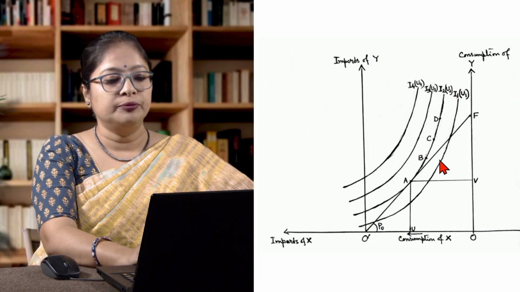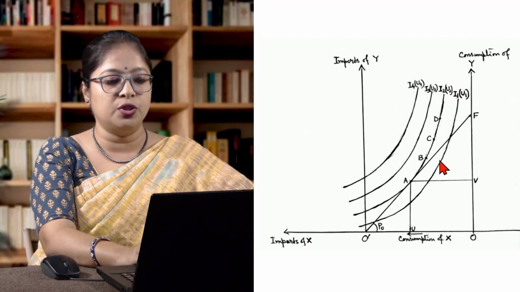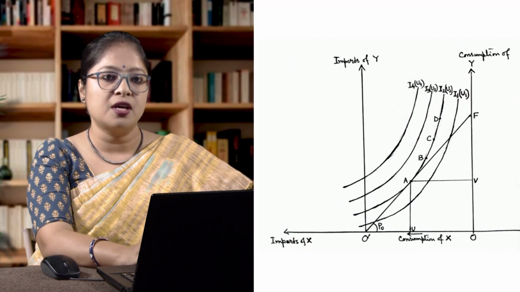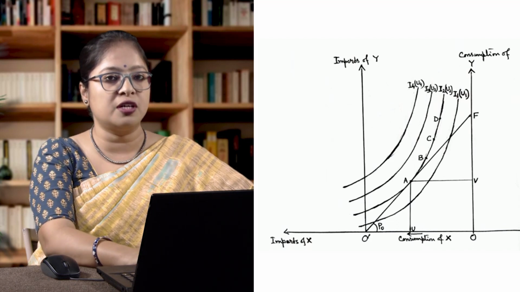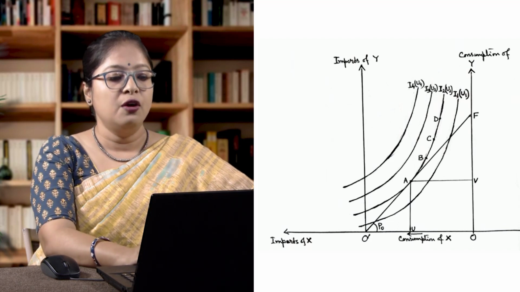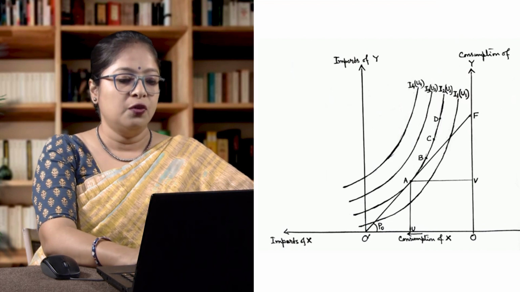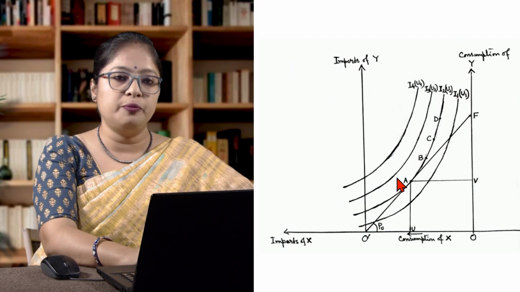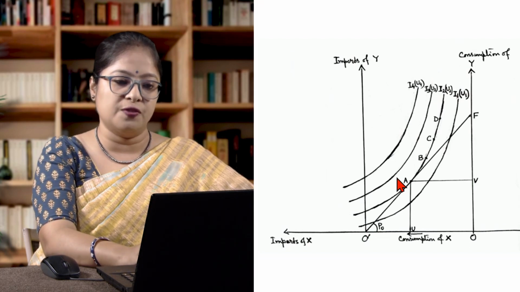So, if we look at the curves I1, I2, I3, and so on from origin O, then the curves are community indifference curves, and the same curves, when they are considered with respect to origin O prime, will be trade indifference curves.